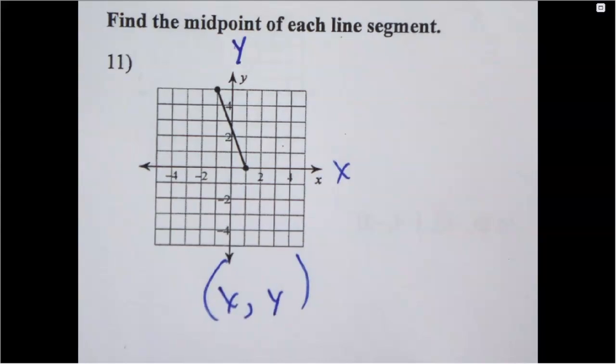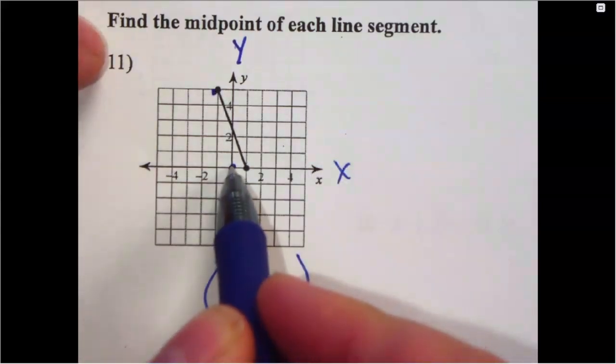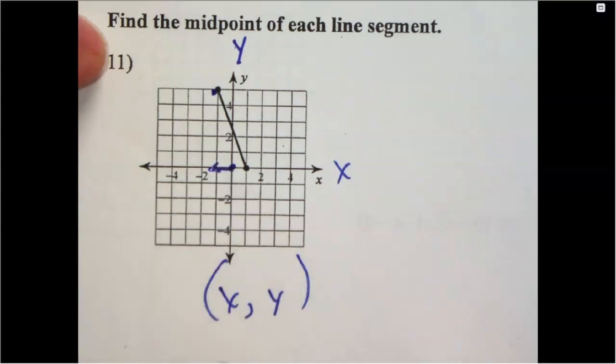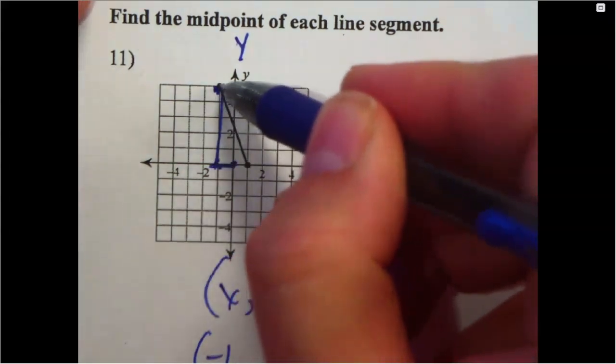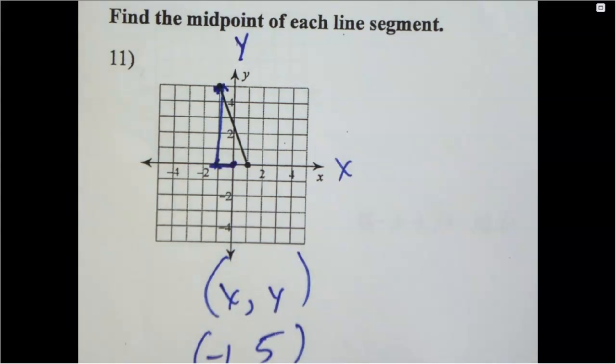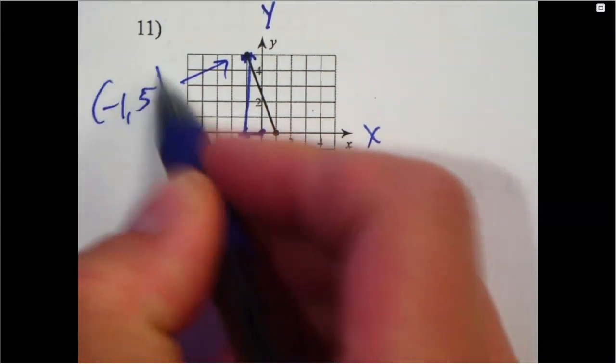You ready, Gabe? So this point here, start at the origin, right? And I go 1 to the left. So that's -1. And then I went 5 up. So that's -1 comma 5.